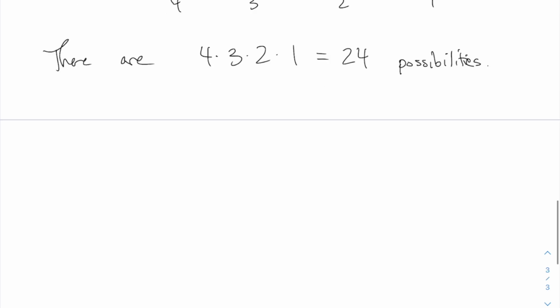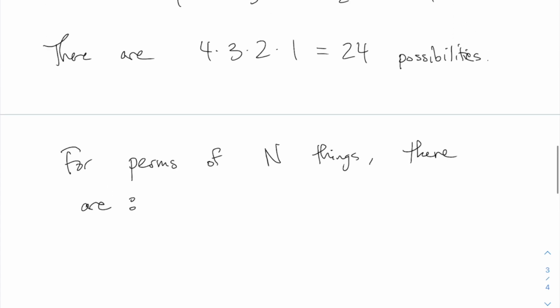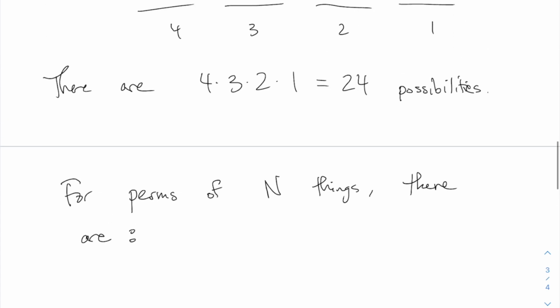In general, permutations is something that's going to come up in other contexts during the class, which is why I want to talk about it just a little bit here. For permutations of, let's say, n things, there are... How do you do that? If you notice, this number 24 comes from multiplying up all the numbers.